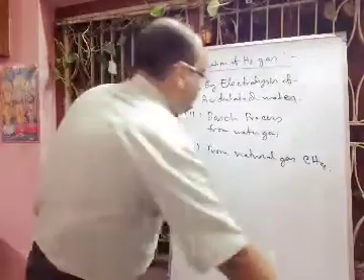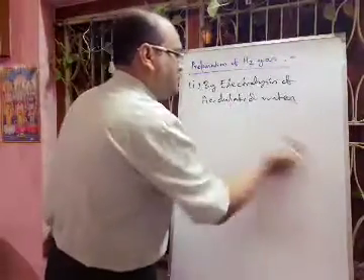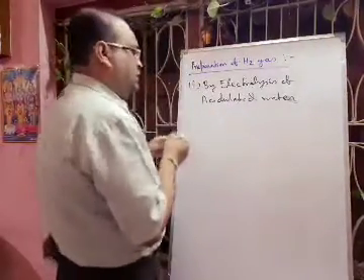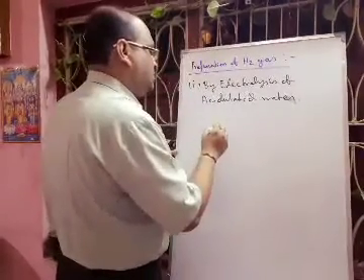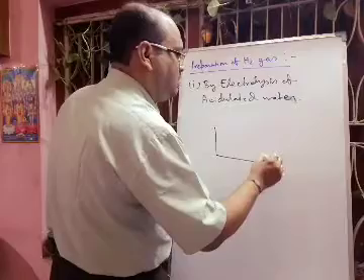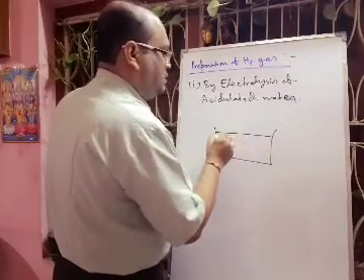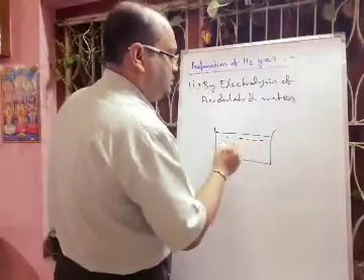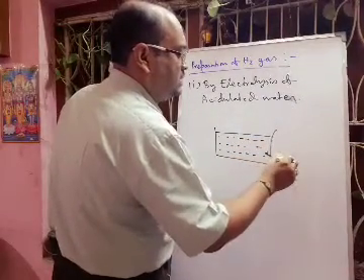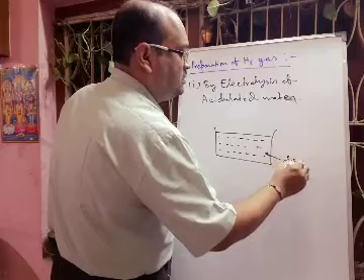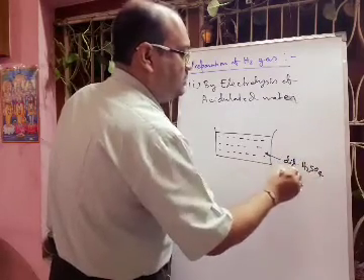So we need one setup. This is the container where we are taking this acidulated water. This is the dilute H2SO4, very little, plus water.